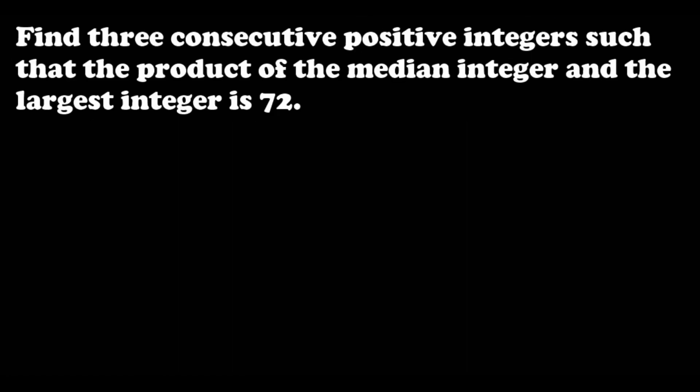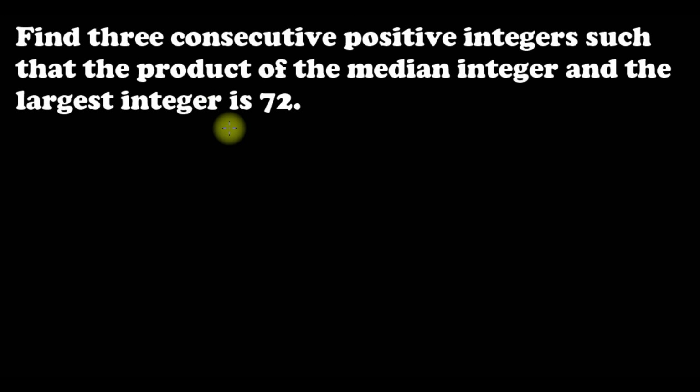So here you are looking for 3 consecutive positive integers such that the product of the median integer and the largest integer is 72. What we know is that the product of the middle integer and the largest integer is 72. So we can set up an equation just based on that.